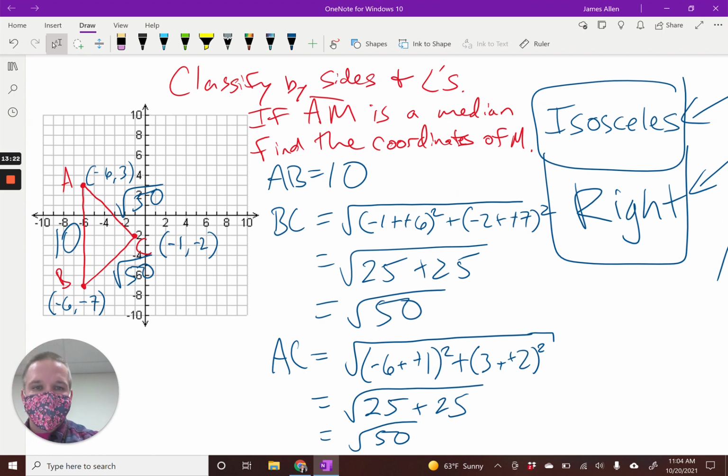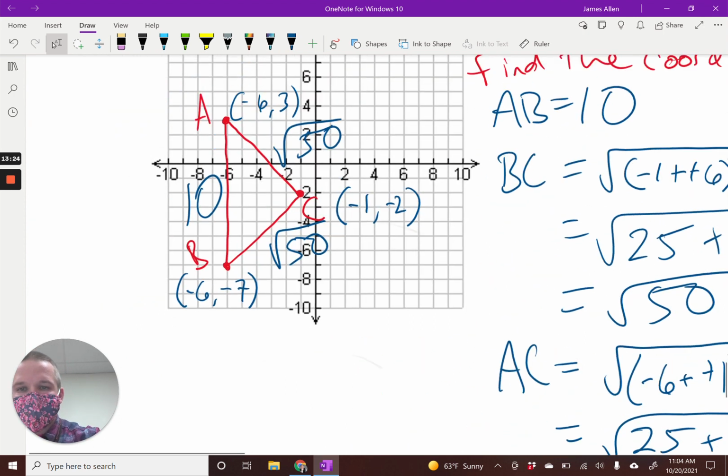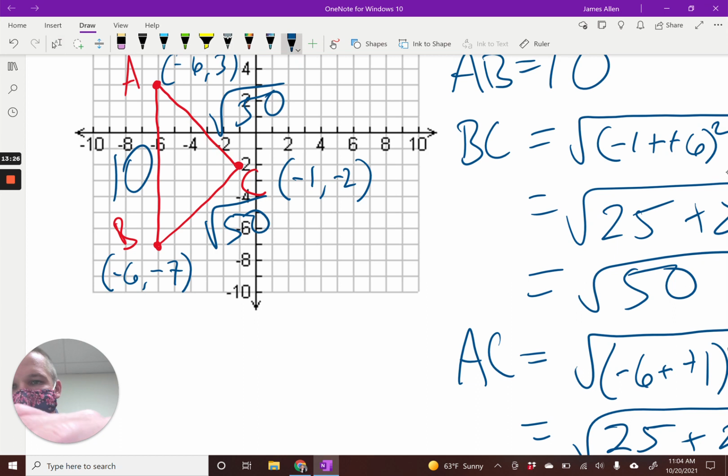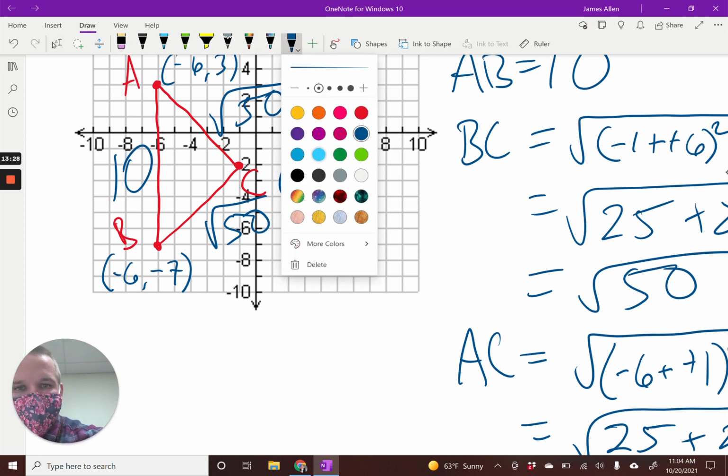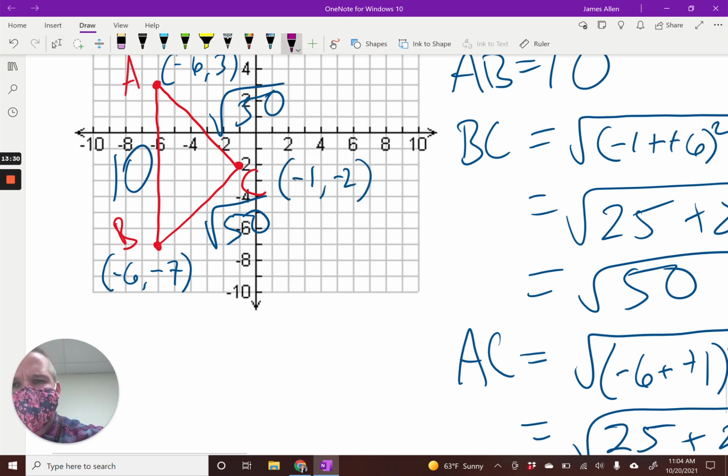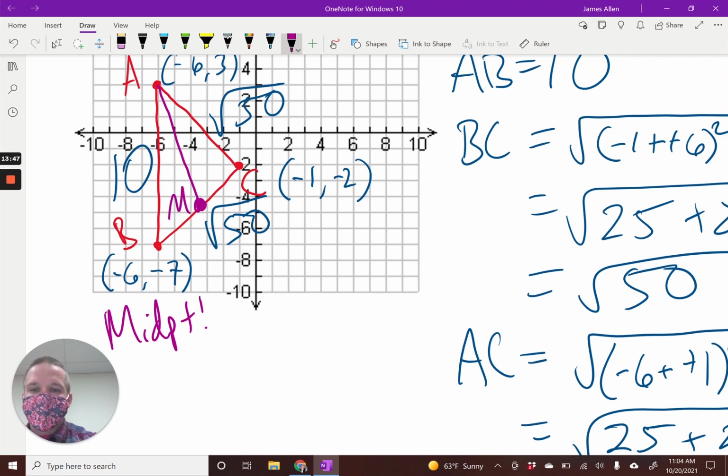But there was one more thing. If AM is a median, find the coordinates of M. Let's zoom in a little bit over here. I'm going to go a different color while I do this, let's go with a purple color. M is going to be somewhere over here. If that is my coordinate M and it's a median, that means it's drawn to the midpoint of the opposite side. So my midpoint will be of BC.